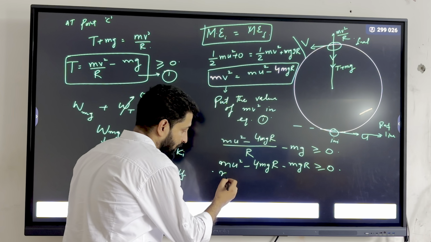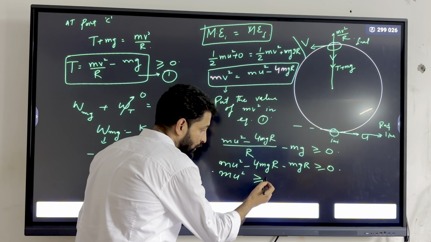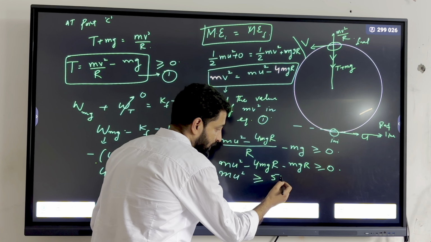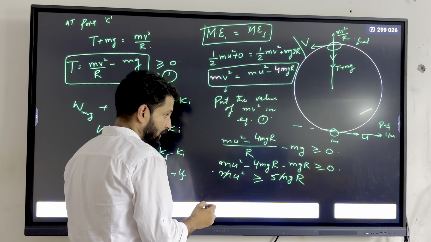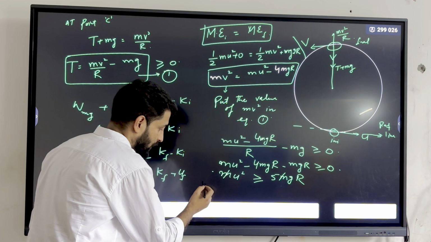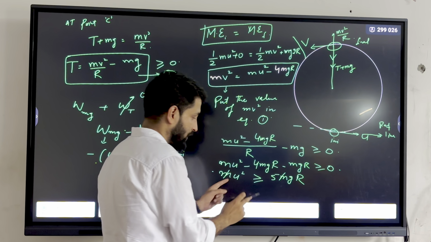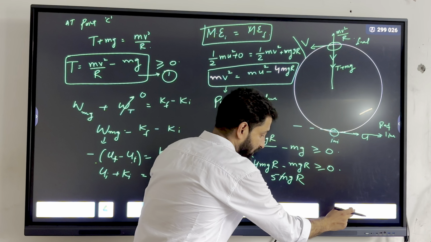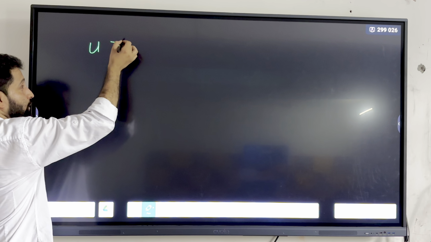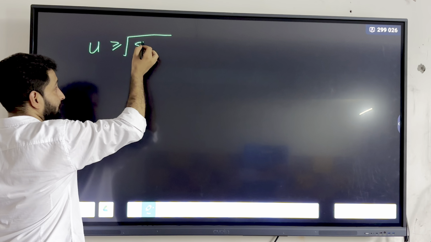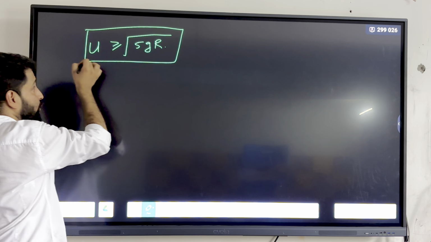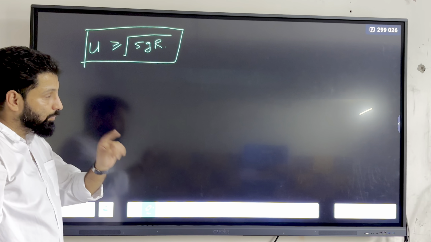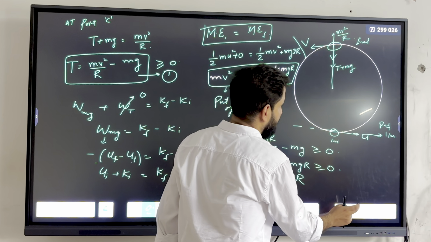So we can say that m u square should be greater than or equal to 5 m g r. m gets cancelled, so u square is greater than or equal to 5 g r. So u will be greater than or equal to under root 5 g r. This is the velocity required for the body to complete the circular motion.